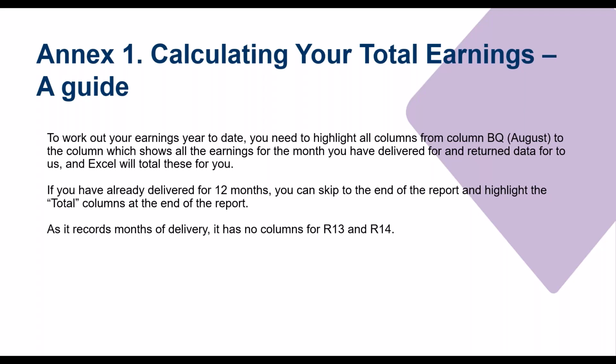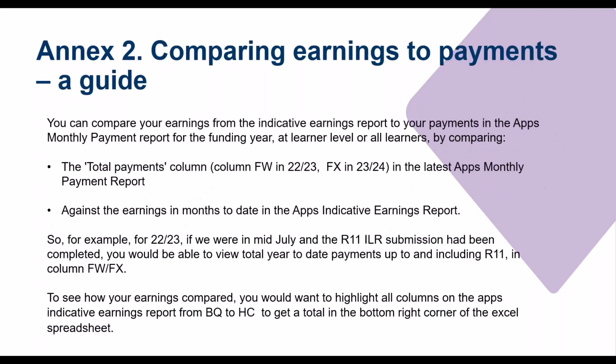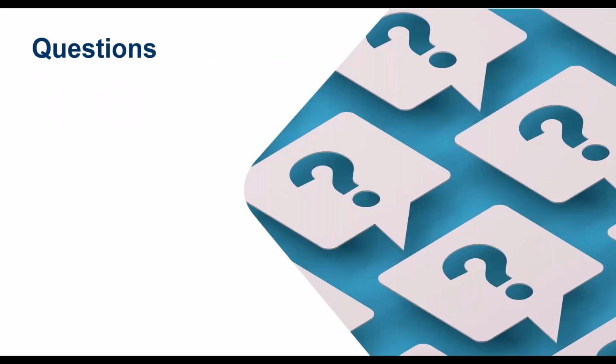And Annex 2 is a guide for which columns to highlight in the indicative earnings report to compare to, and then which columns to look at on the monthly payment report. As I say, this may be useful to you if you're not familiar with these reports.